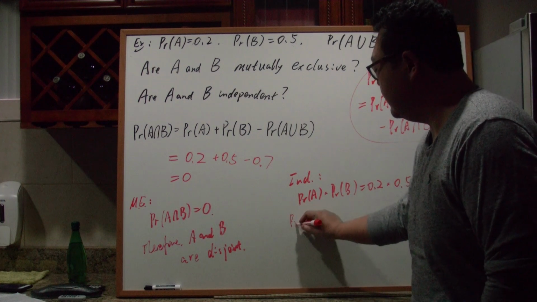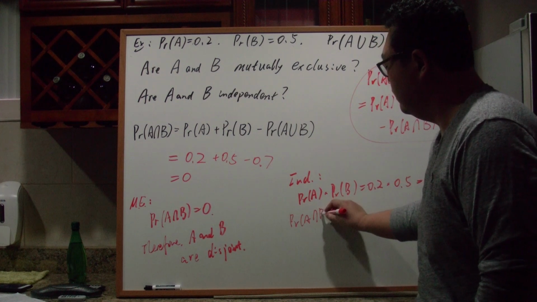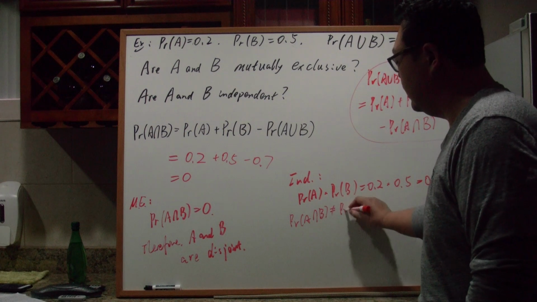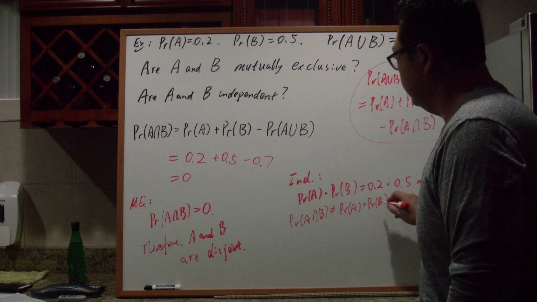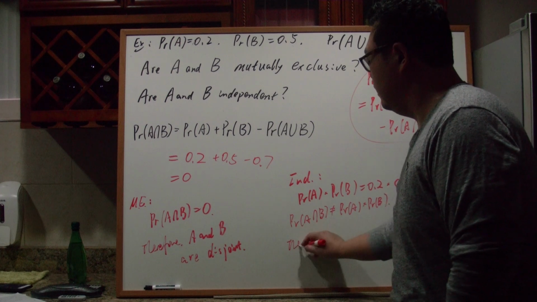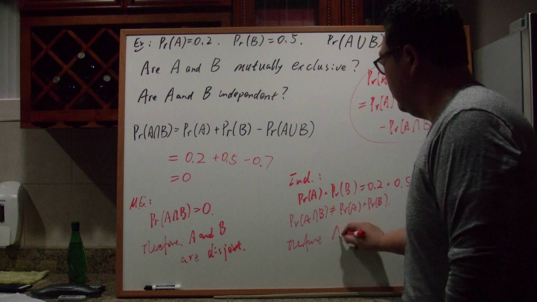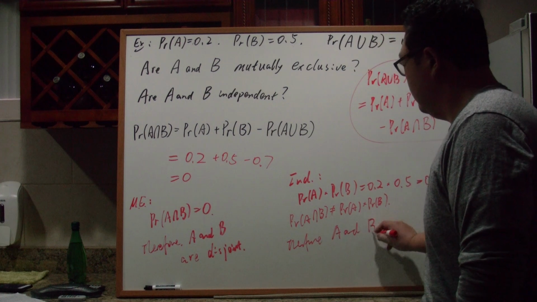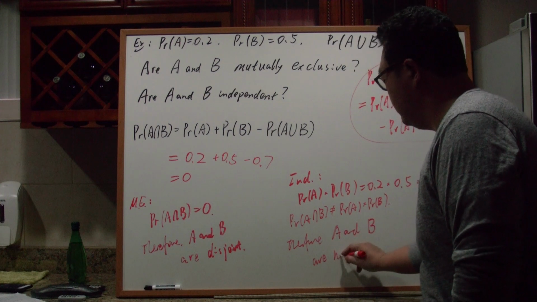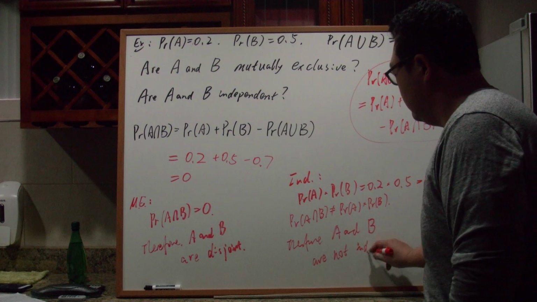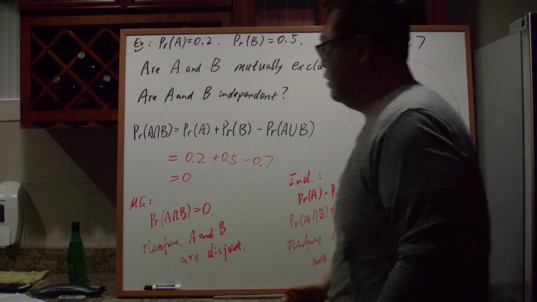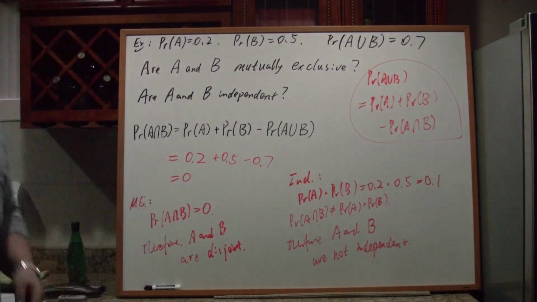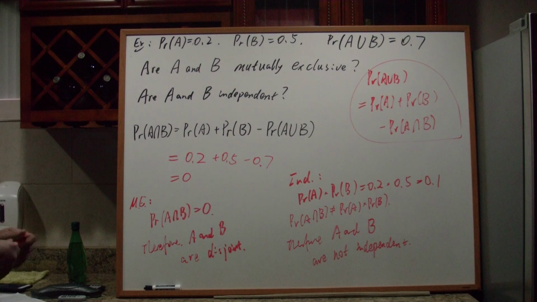So what we get is the intersection is not equal to the product, therefore A and B are not independent.